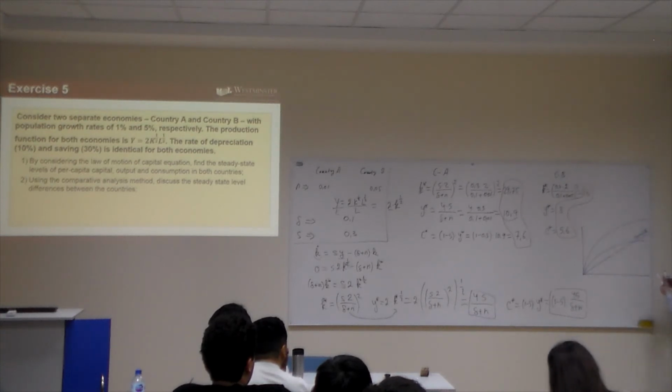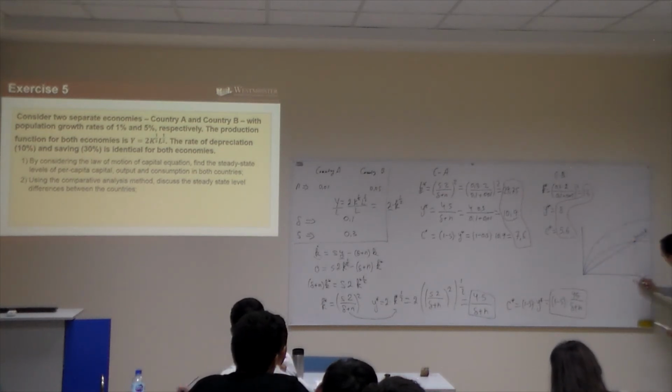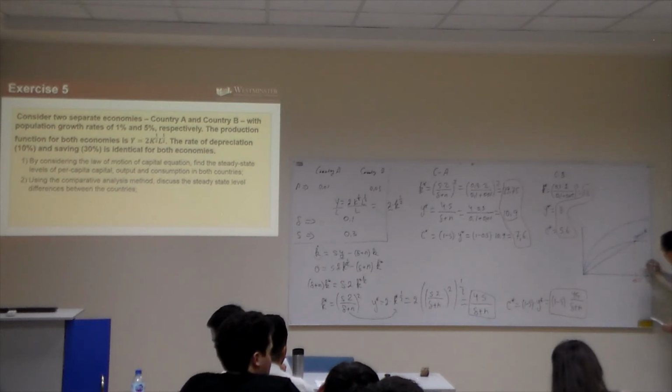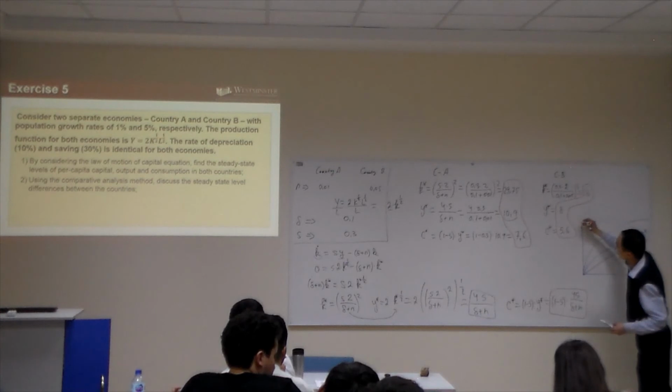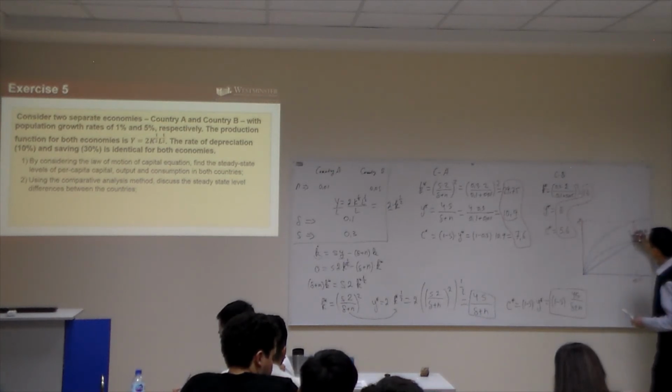And it reached this steady state level, which was equal to capital 29.75, and at this point output was equal to 10.9, and consumption 7.6, right?